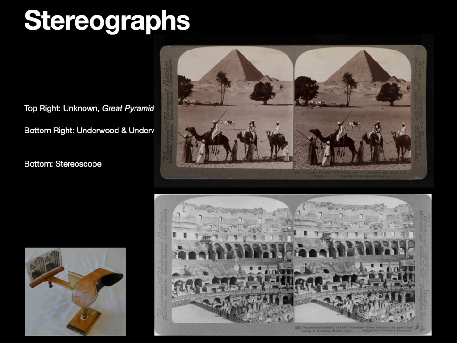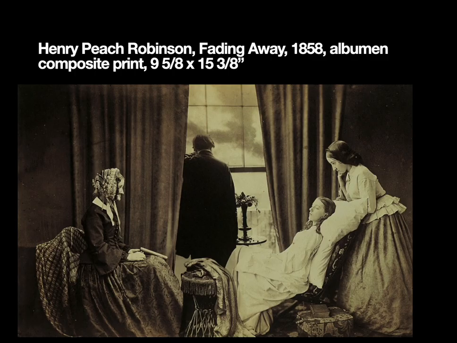We'll also see photography as a method of storytelling. And I won't go into this one too much, but I often talk about Henry Peach Robinson's Fading Away as an example of early Photoshop. Essentially, even in the 1800s, we had photographers who were cutting apart different photographs and piecing them back together to tell a story.